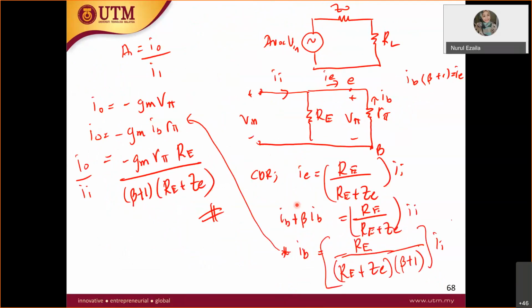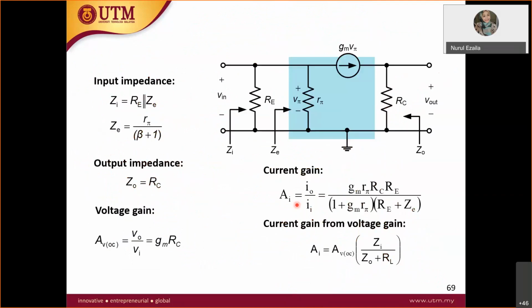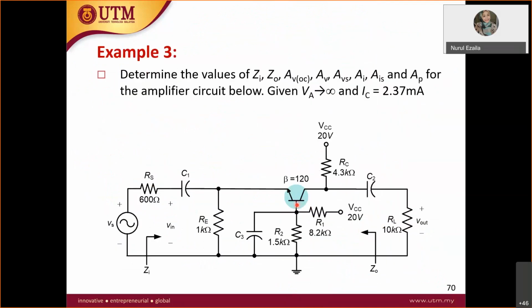Let's take a look at the example. As you can see, you have the collector and everything here. So this is base, collector and emitter. May I know, is this NPN or PNP?